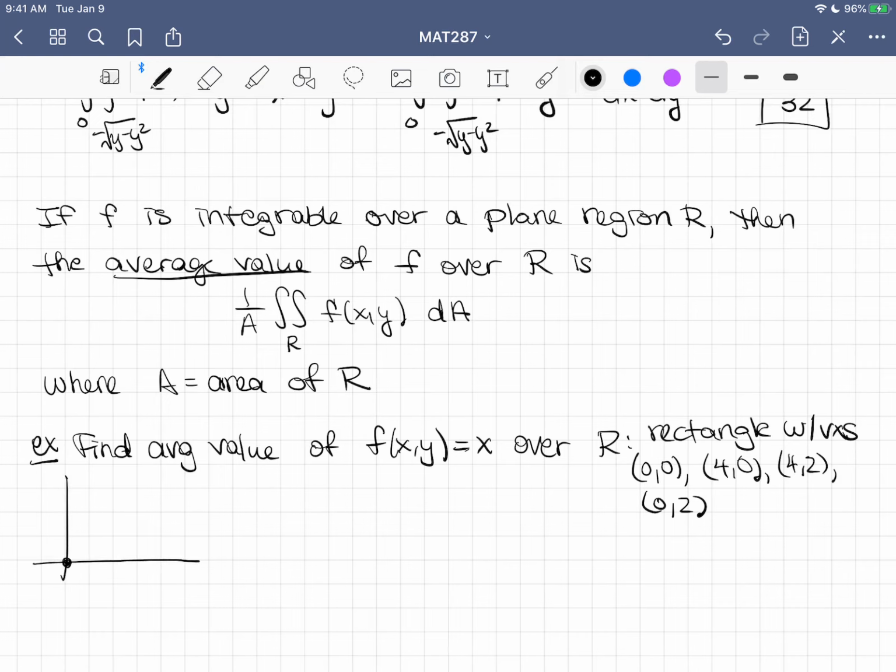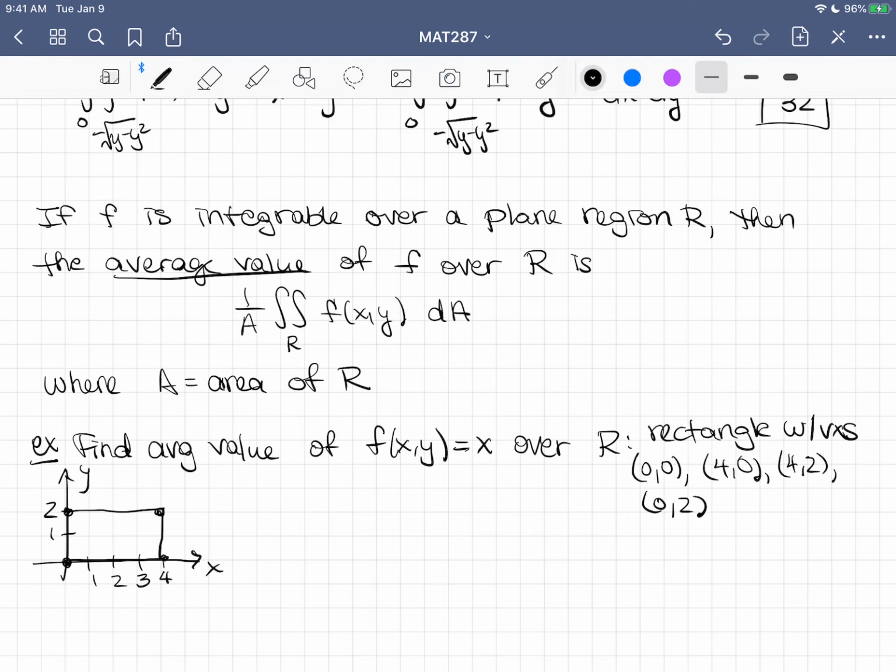Okay, so I have (0, 0), (4, 0), (4, 2), and (0, 2). So here's my rectangle.